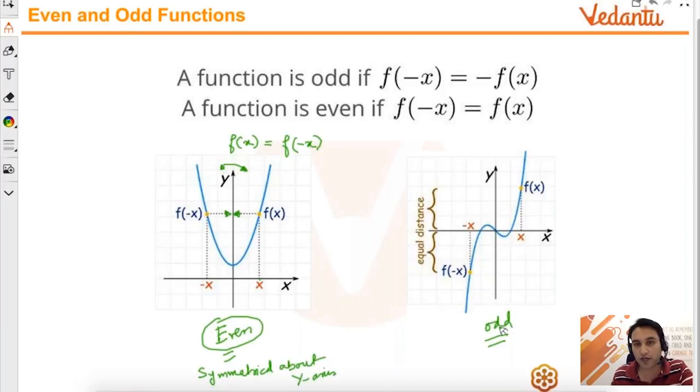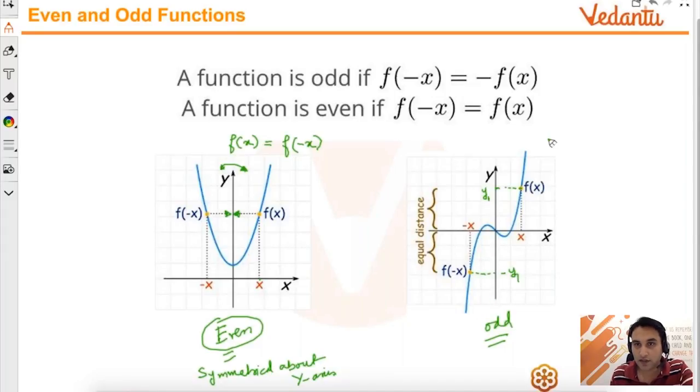Alright, but if you look at this, this is an odd function. Why? Because whatever is the value of the function at x, say it is y1, imagine this is y1, then the value of the function at minus x will be minus y1.